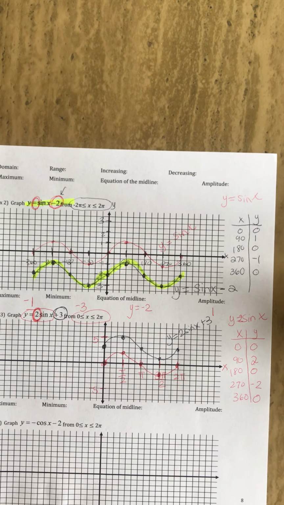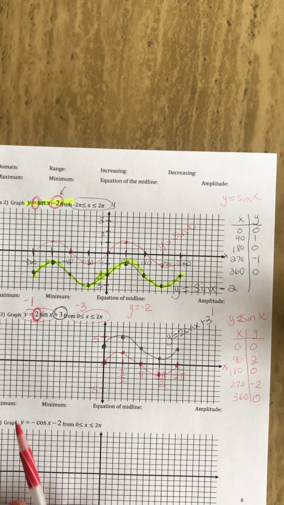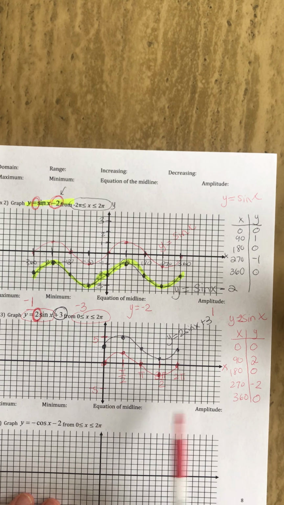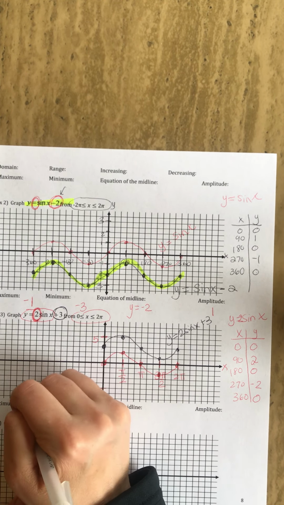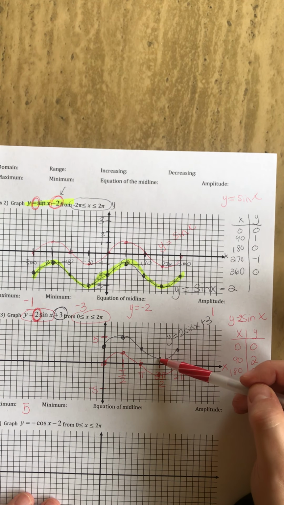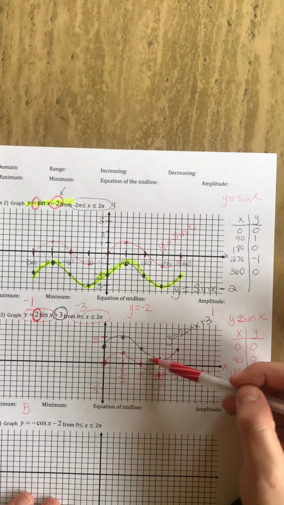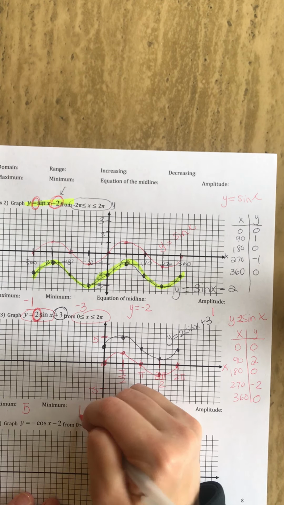Okay, we're going to go ahead and answer the max, the min, the equation of the midline, and the amplitude. You're going to see that the max right here is 5. The min is the lowest point, and that is going to be 1.